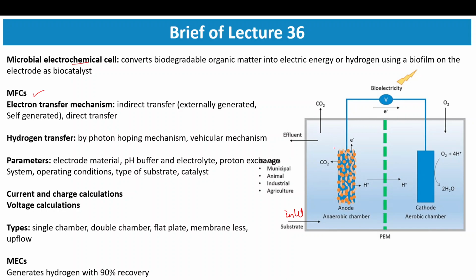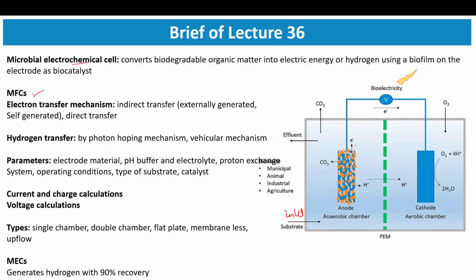Now, due to the reaction occurring here, there will be some amount of release of, sorry, not release of oxygen, but some amount of electrons generated here at the anode, which is due to the degradation of organic contaminant.